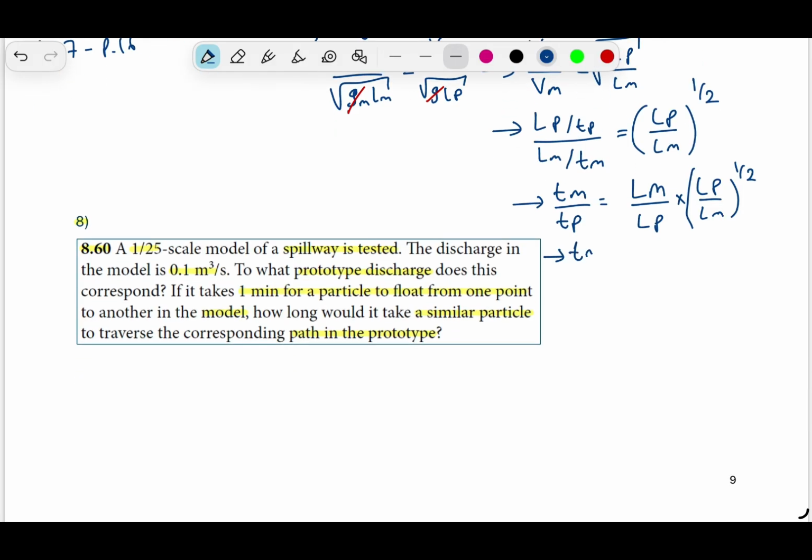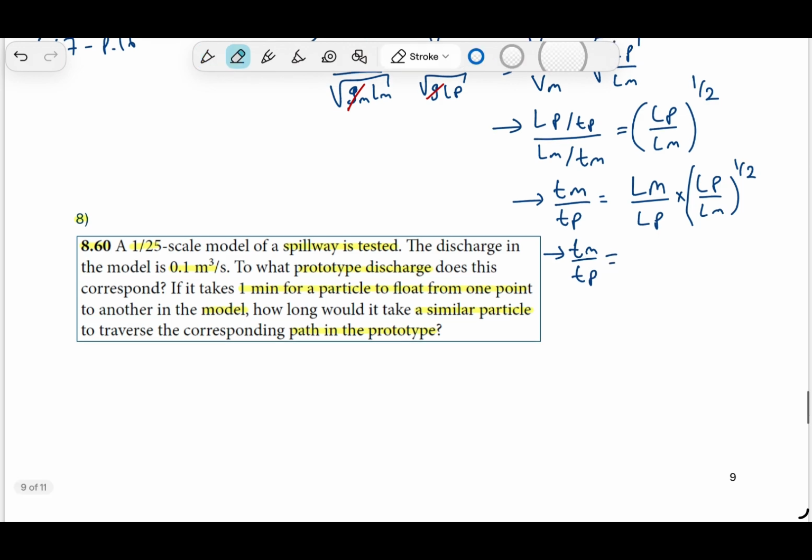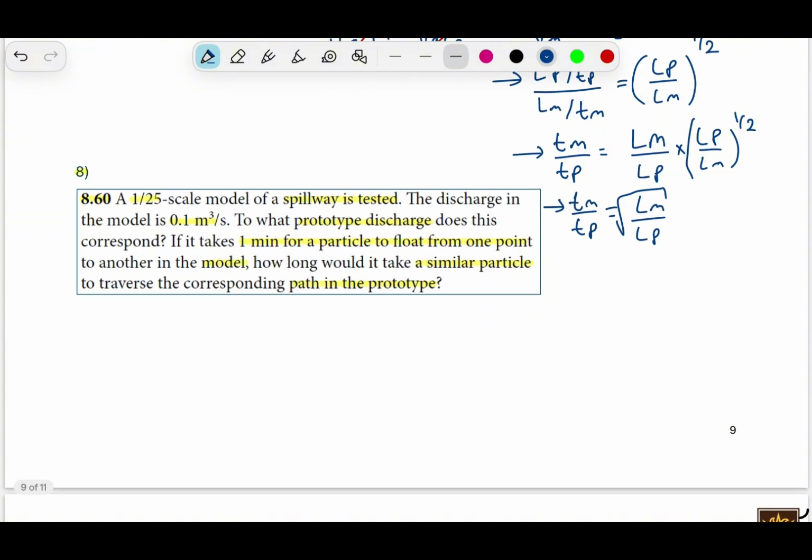So this means Tm over Tp is equal to the square root of Lm over Lp. But since we need to find Tp, we can write this in this form, and it is going to give the square root of Lp over Lm.